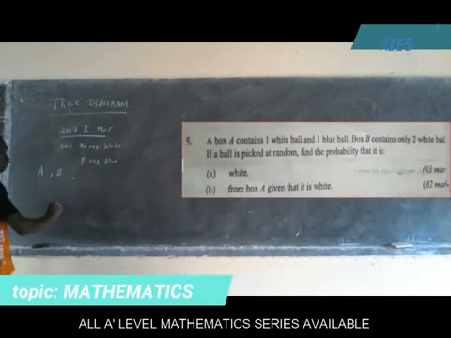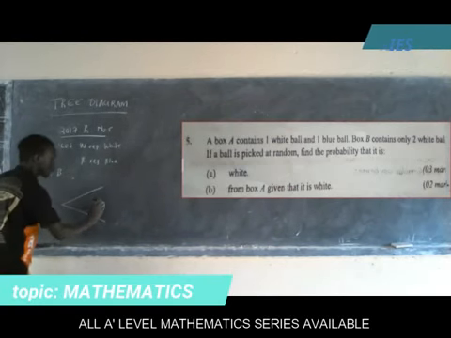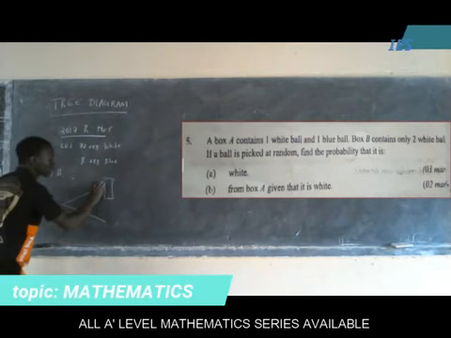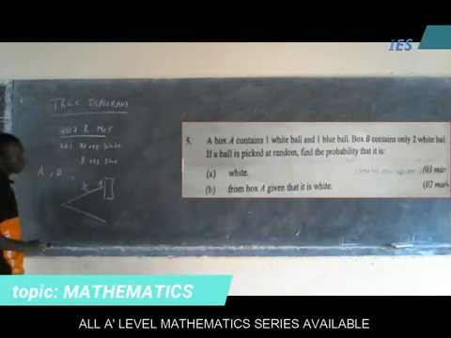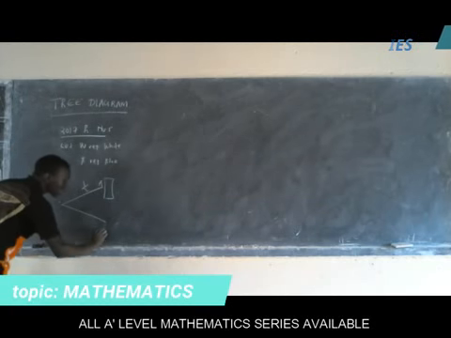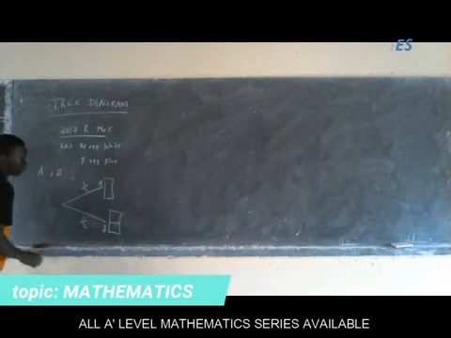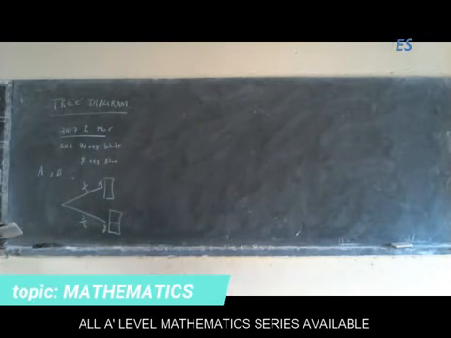Meaning step number 1, first choose a given box. The chance of choosing box A shall become 1 divided by 2. Likewise, the chance of choosing box B still would remain 1 divided by 2. They have equal chances.